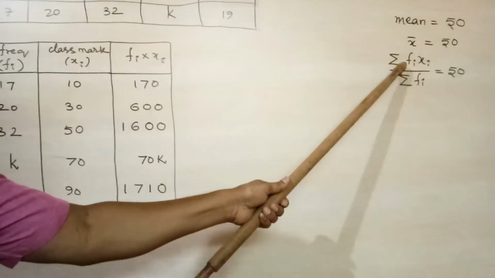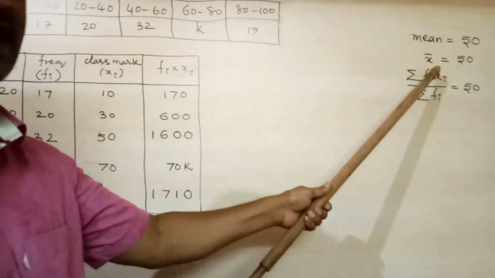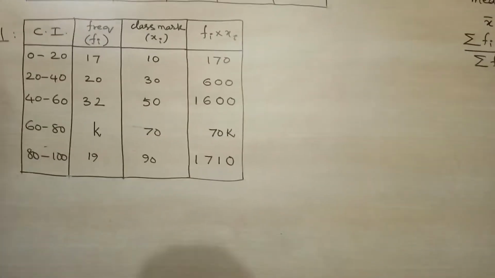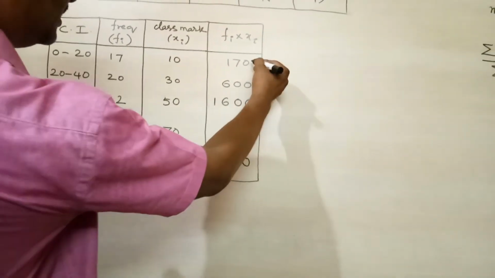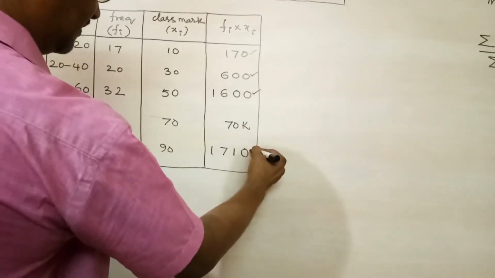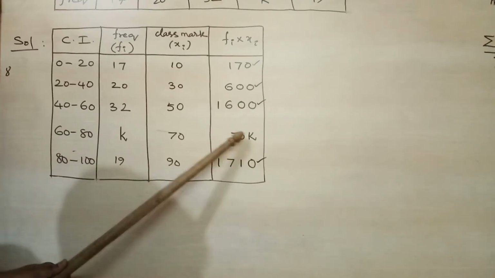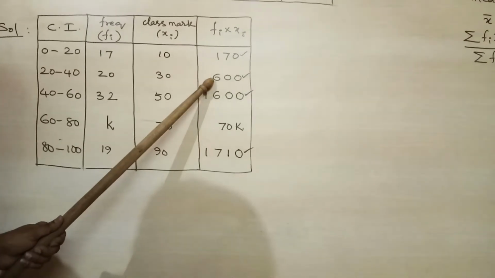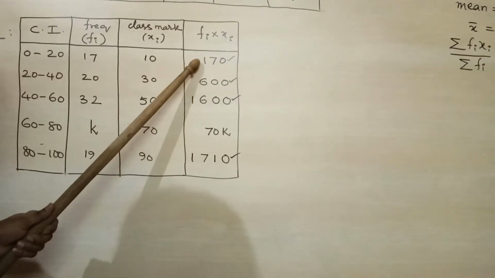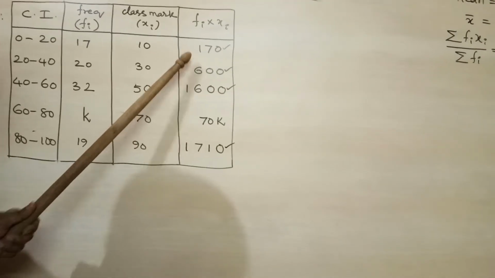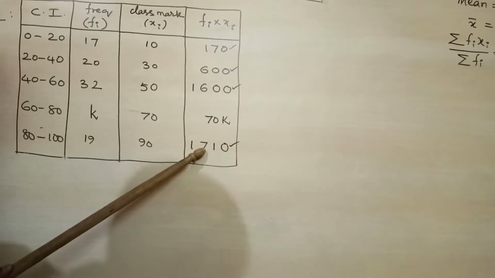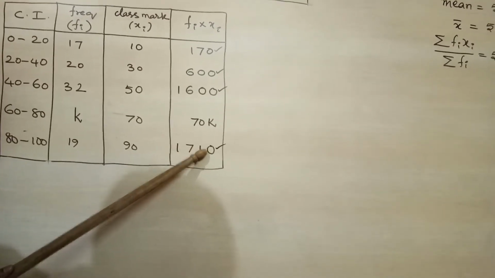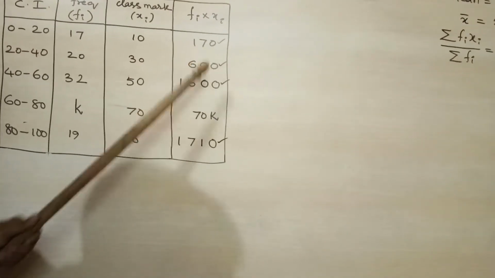Now find the summation of fi xi. Now add these values. First add these constant values; we have a variable here, leave it first. Add: 170, 600, 1600, 2200, 2300, 3000, 4000, 4010, 4080.